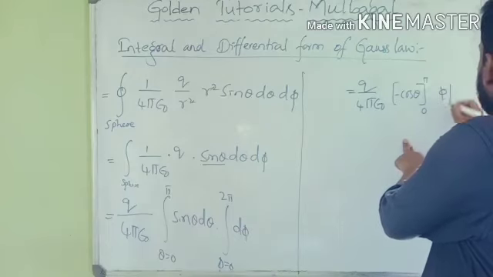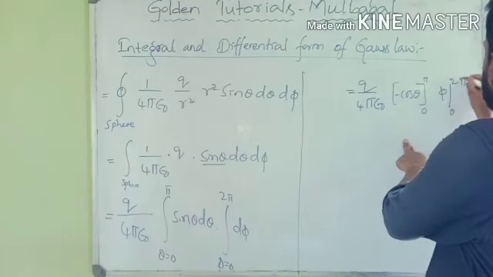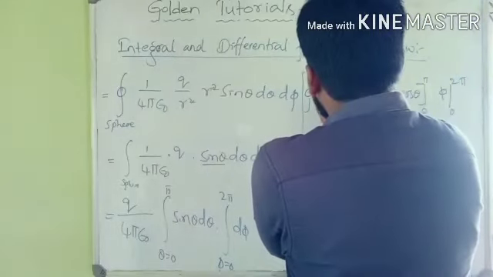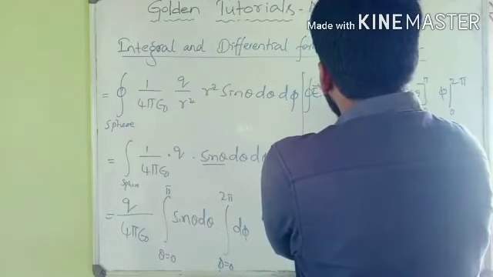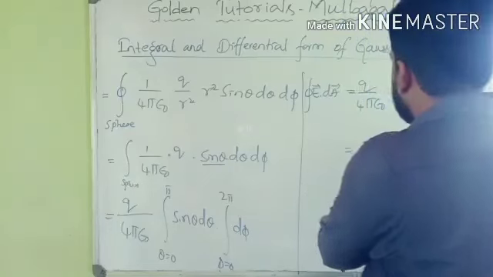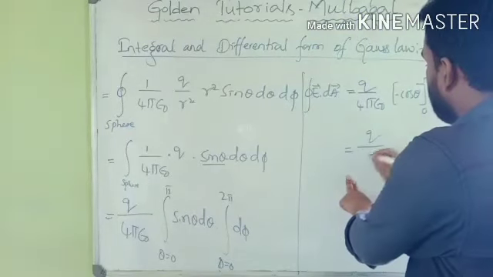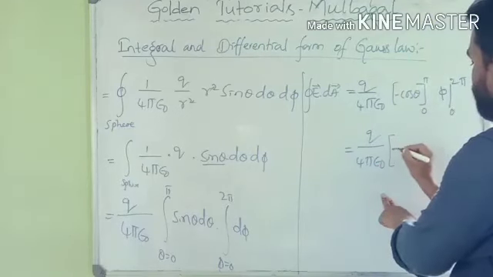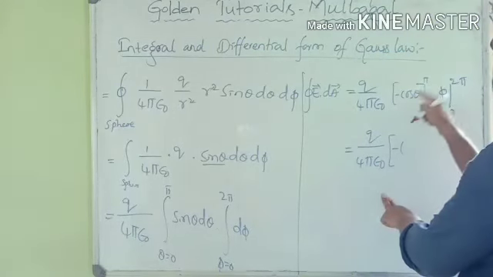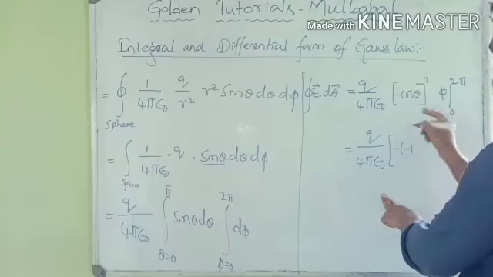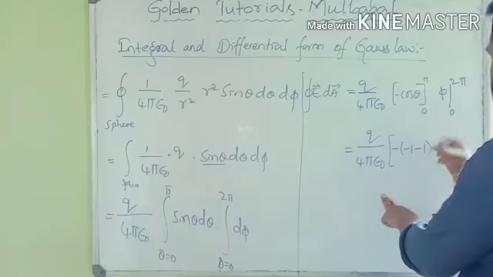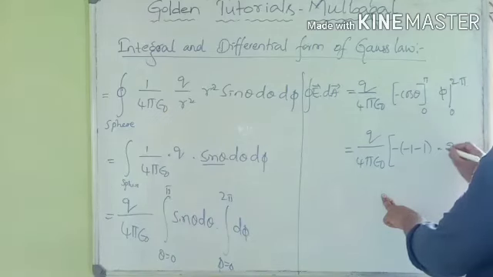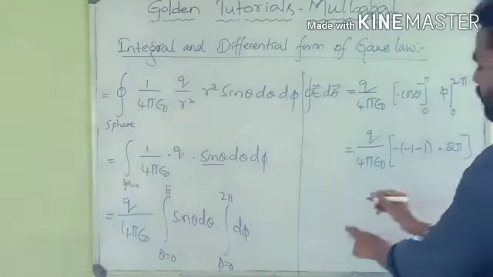It is phi, where phi varies from 0 to 2 pi. Now, what is there on the left side? It is the total electric flux, the integral over the closed surface of E dot dA, and it is given by q divided by 4 pi epsilon naught. Now, minus, I will take it outside. What is cos pi? It is minus 1. Minus of cos 0 is 1, into what is 2 pi minus 0. Therefore, we will get 2.